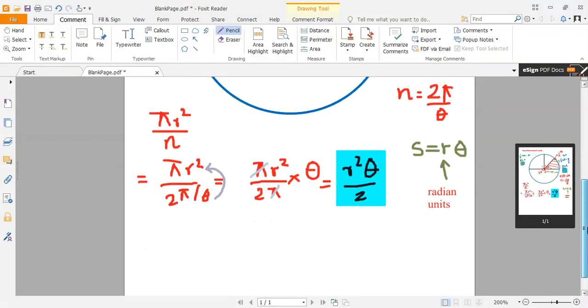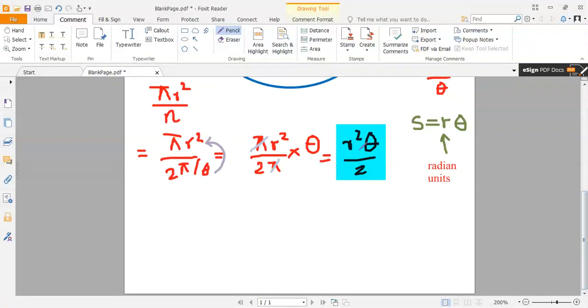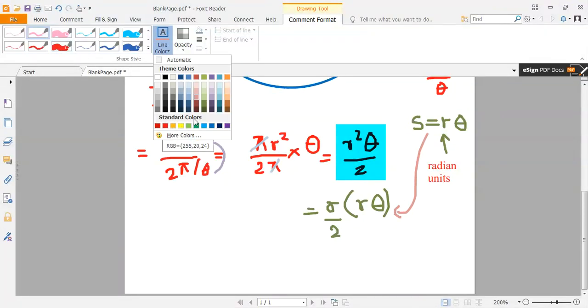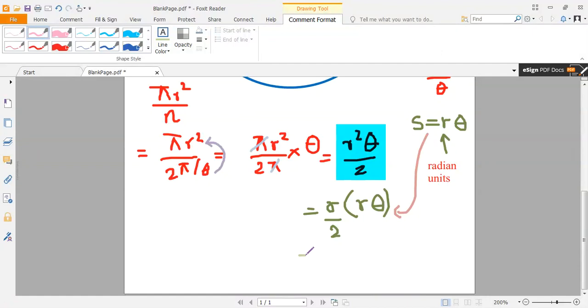But if you're talking about radian units, I can write this r square theta by 2 as follows: r times r theta by 2. I can split up the r square, and this r theta can be replaced with s.